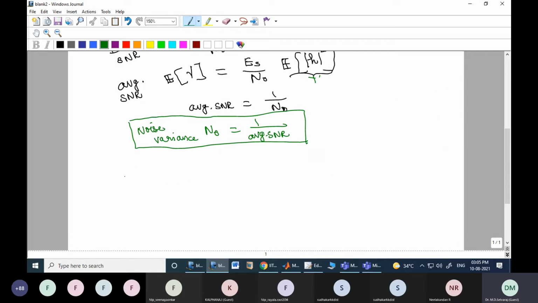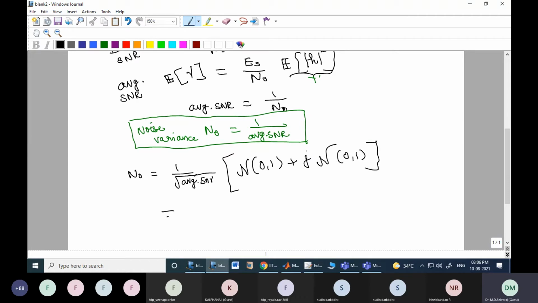Now I am going to write down how to write n naught. n naught is equal to, again I have to put 1 divided by square root of average SNR, and here again we put a normally distributed 0, 1 plus j times a random variable normally distributed with 0, 1.